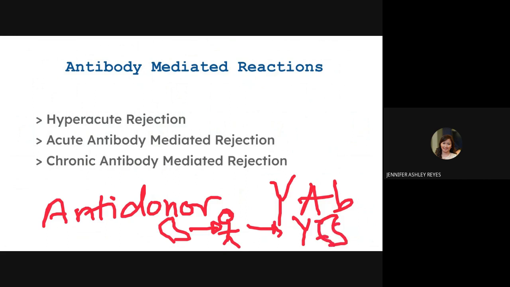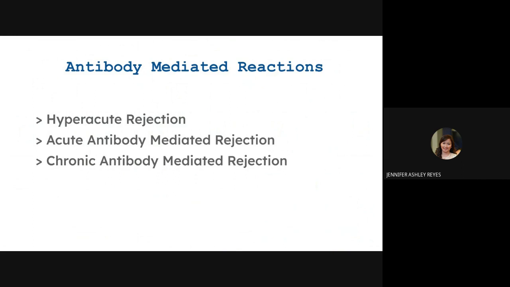So, that is acute antibody-mediated rejection. So, in the recipients that are not previously sensitized to transplant antigens, the exposure to the class 1 and class 2 HLA antigens of the donor graft will trigger antibody production. And the antibodies formed by the recipient will cause injury, acute.